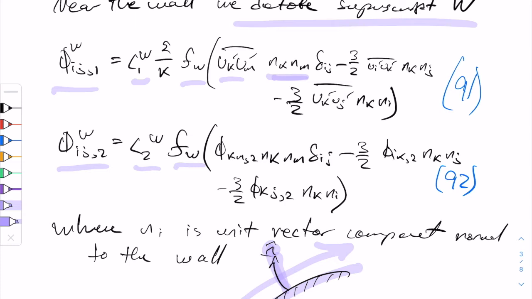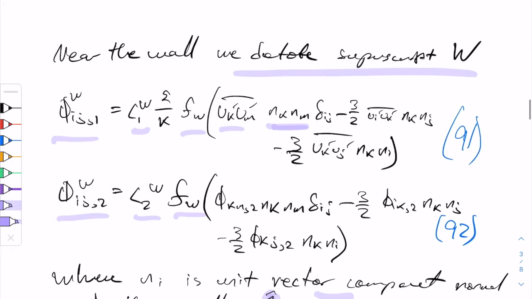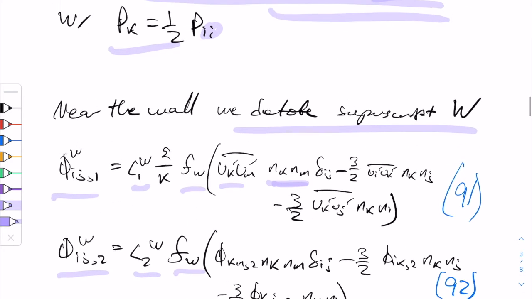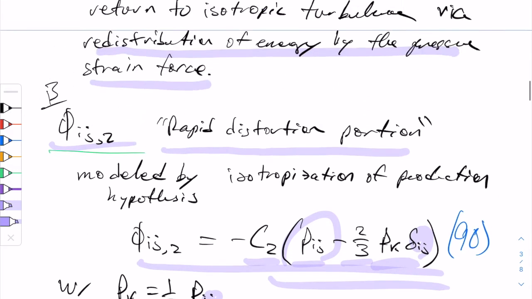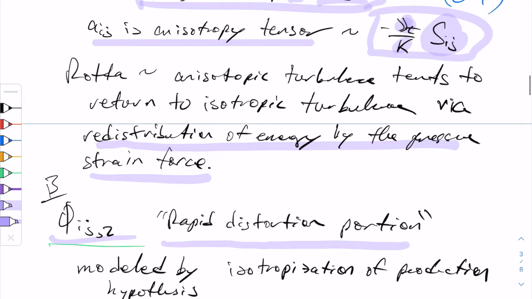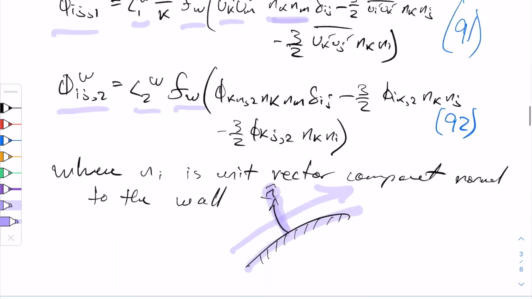Delta_ij minus 3/2 u_i prime u_k prime bar, n_k n_j, minus 3/2 u_k prime u_j prime bar, n_k n_i. There's a similar form for Phi-J2. So this is sort of like a penalization, if you will, of Phi-J1 and Phi-J2, for the return to isotropy for 1 and the rapid distortion for 2.